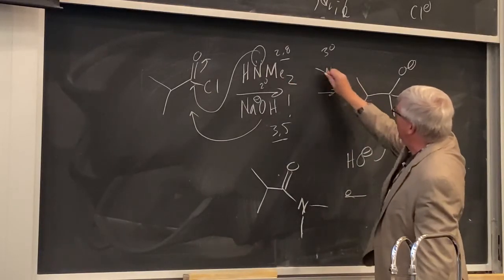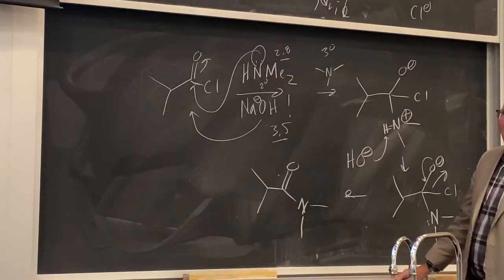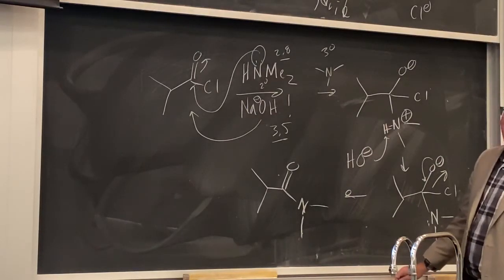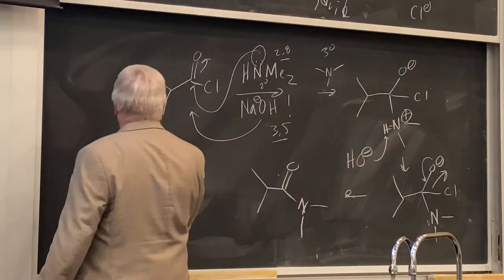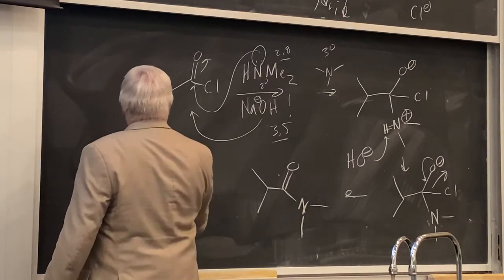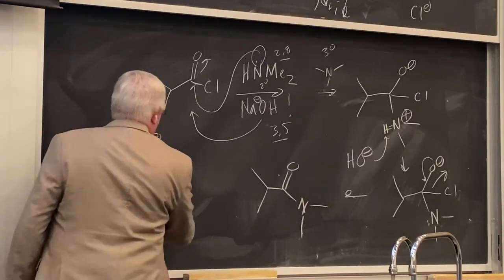But what about a tertiary amine? Three alkyl groups? What would happen there? No reaction. Well, it does actually react, but it reverses, gives a different product. So let's see, with the tertiary amine, it would give this. O minus, Cl, nitrogen with three alkyl groups on.